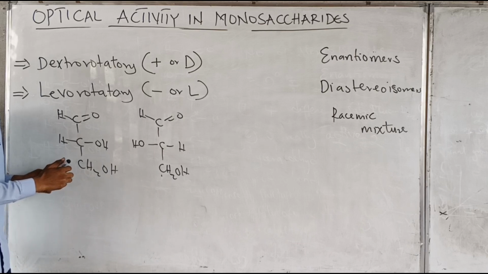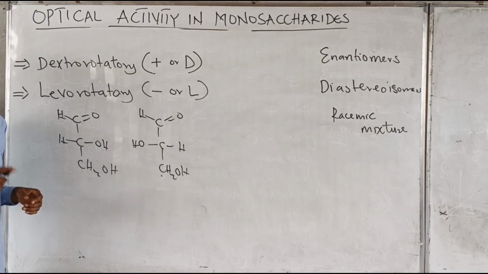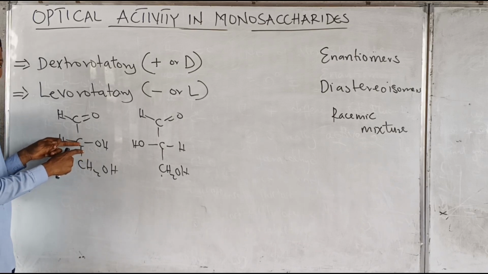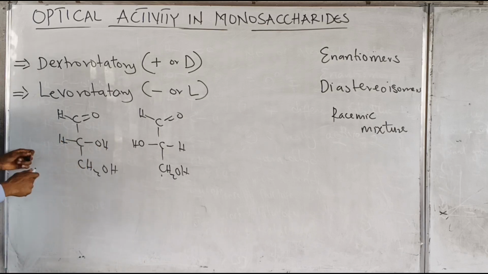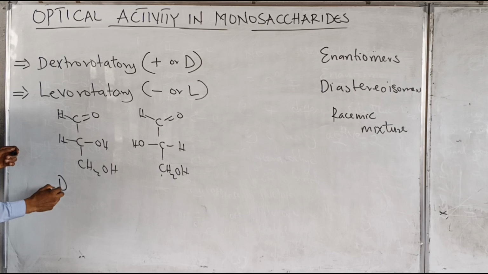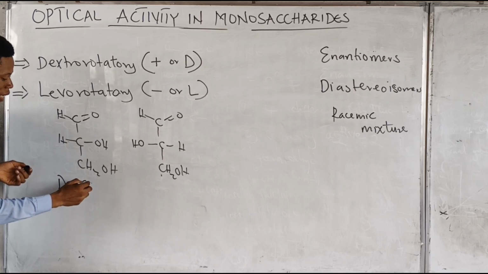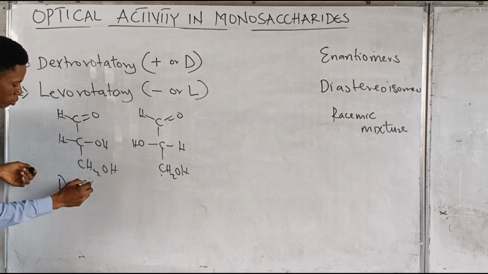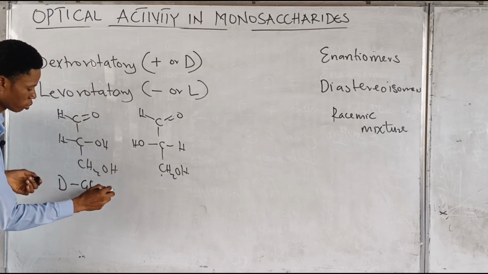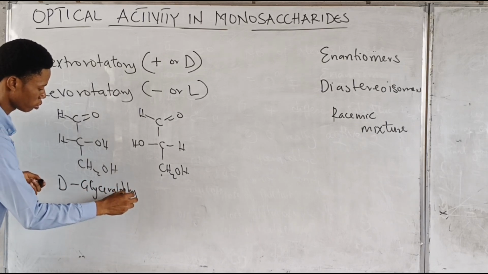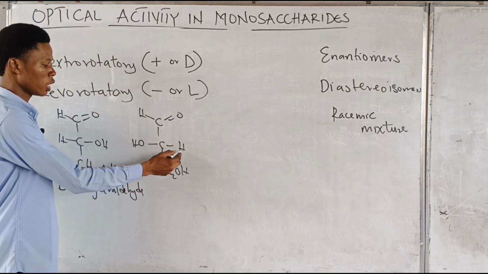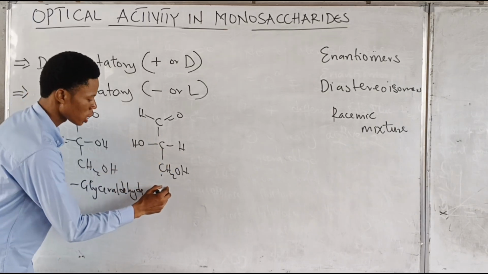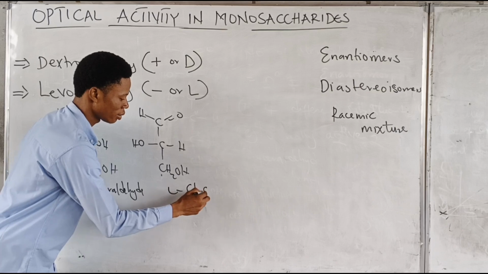Remember, when you want to assign, the reference carbon is always the penultimate carbon, the second to the last carbon. So if it is on the right, we designate this D, right? Or plus. So this is D-glyceraldehyde. Now, if you look at this, this is L, right? So this is L-glyceraldehyde.